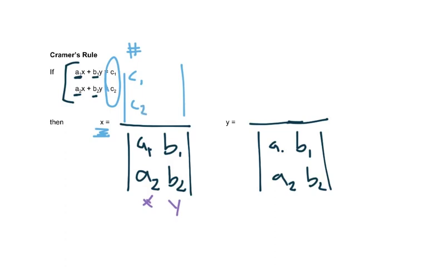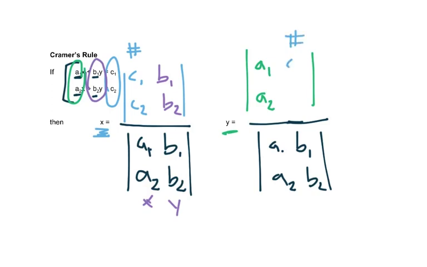The y column stays the same as whatever numbers were in front of y. To find y, the x column stays the same. We don't change x because we're not finding x. But we take the number column and we put it in place of y.